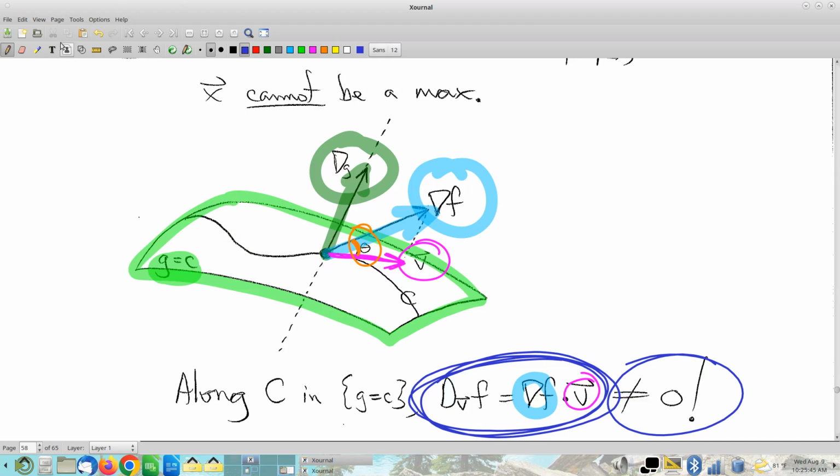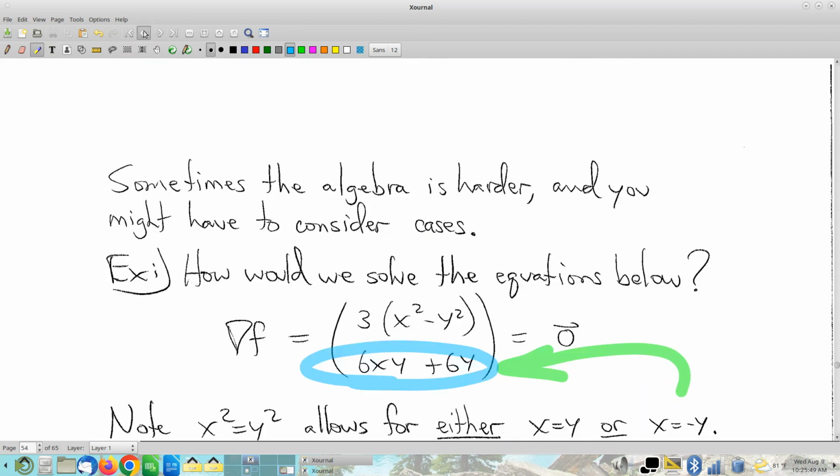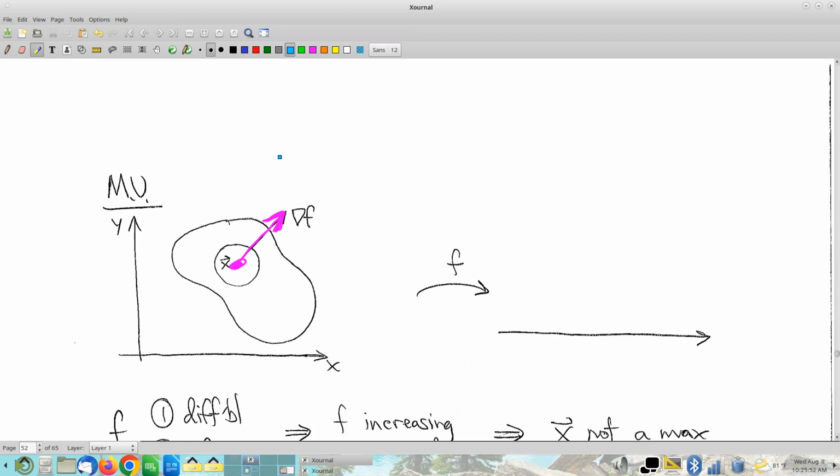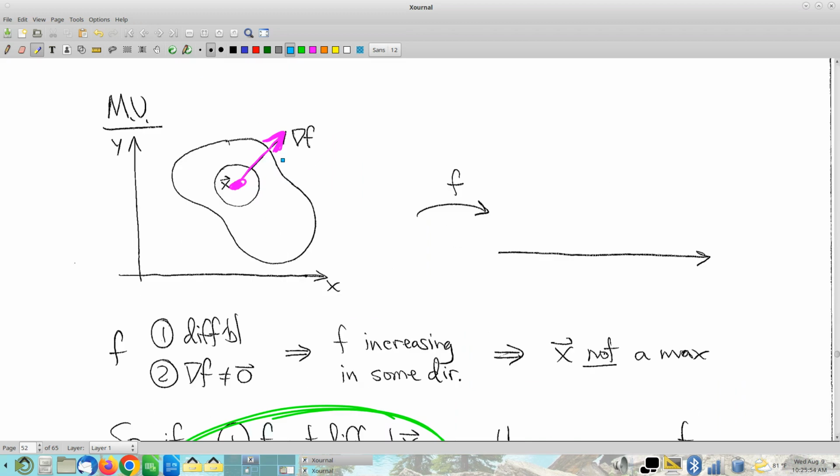Let me remind you that going back to the interior argument, if your gradient is non-zero, that kind of ends the story: just go that way. And that means I can eliminate that point as a possible maximum.